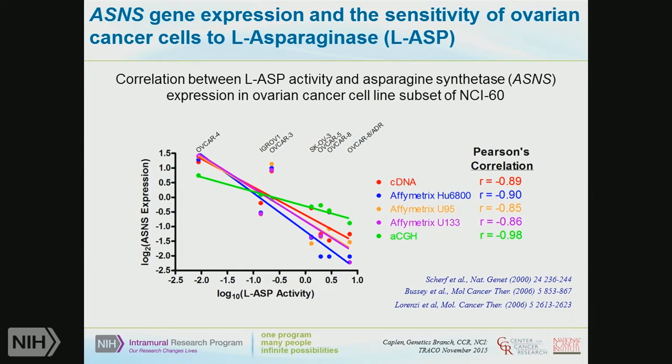And I came into this project in collaboration with John Weinstein, who was then at CCR, is now at MD Anderson, based on a series of observations that they'd made using what now are considered very old-fashioned technologies, using early microarrays, that there was a correlation between the expression of this gene, ASNS, and the sensitivity of cell lines, particularly this part of the NCI60 panel of ovarian cancer cell lines, and that the more ASNS, the more resistant a cell line was to treatment with this particular enzyme drug, L-asparaginase.